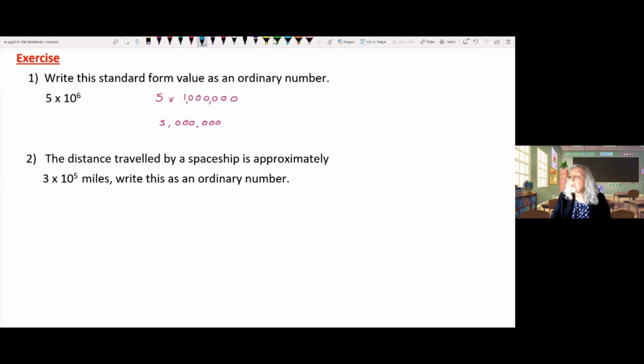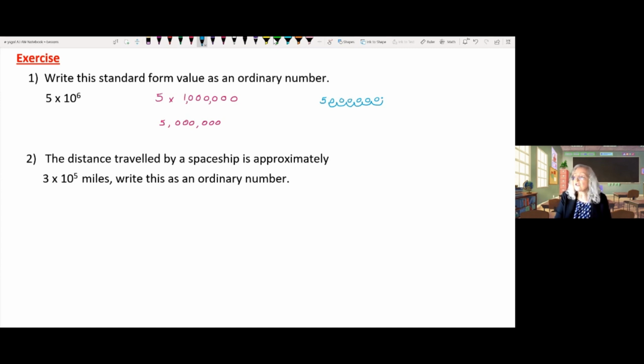Thinking about it the other way, I would say, let's start with a 5. My decimal point would be here, and I have to move it 1, 2, 3, 4, 5, 6. So I'd move the numbers 6 times, fill in the zeros, and that is my 5 million there. So two different ways of thinking about it.